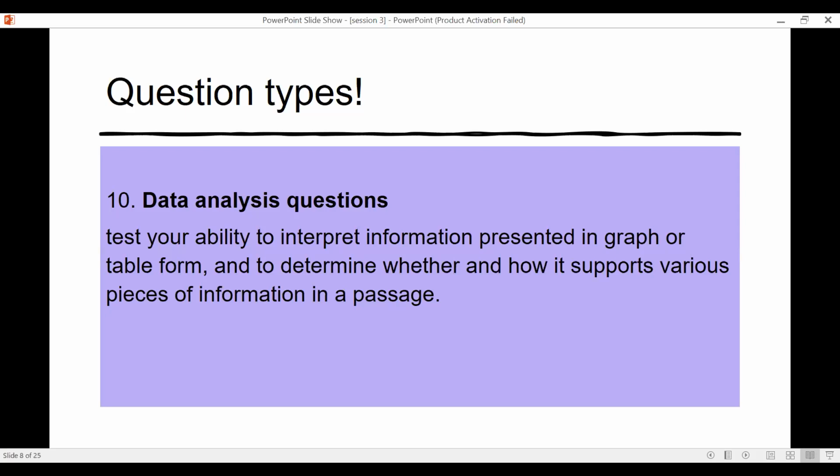And as I referred to in the very first session, usually the authors bring graphs or tables to support their main claim or their main idea, the idea of the passage as a whole. An author will never bring a graph or a table to contradict or to oppose the main idea the author presented in the passage.